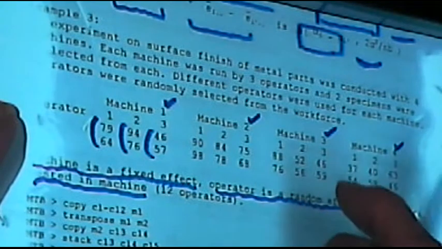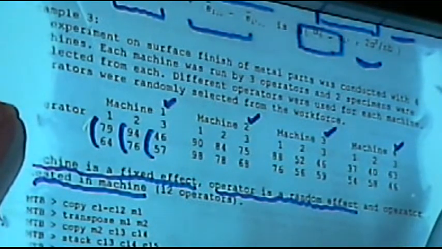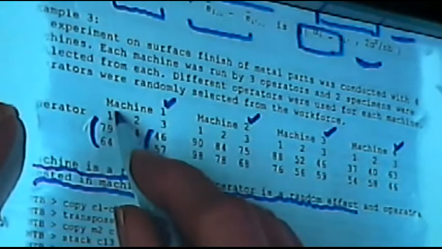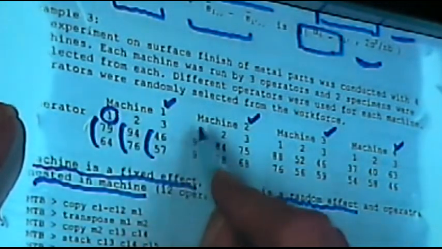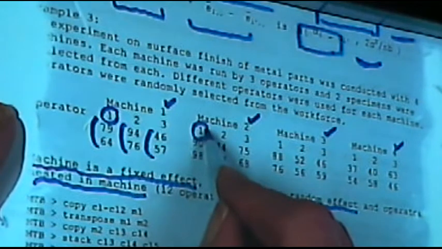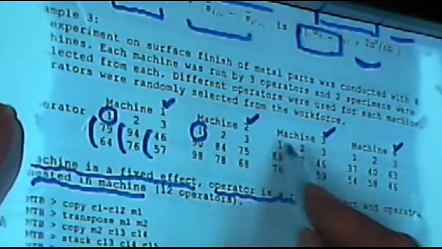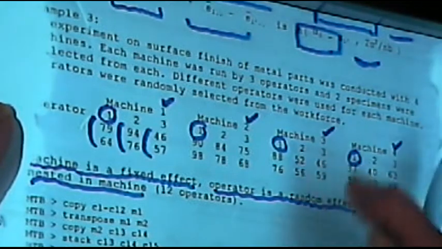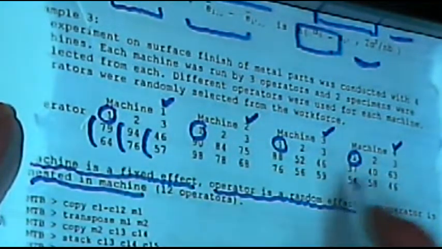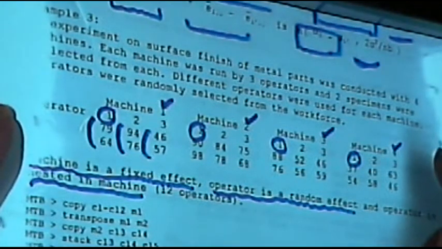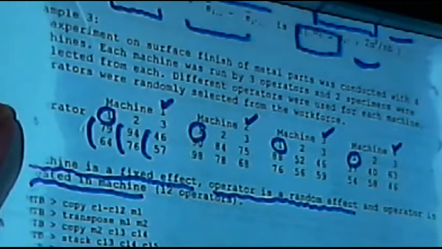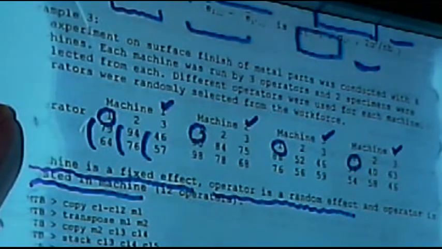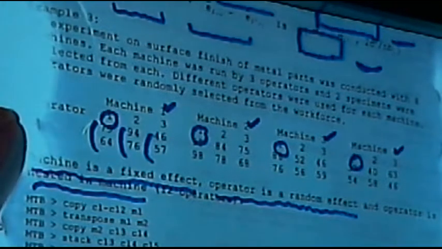I didn't make any mistake in doing that, but it's somewhat misleading because it seems to imply that operator 1 here is the same as operator 1 here. And that's the same as operator 1 here and operator 1 here, and that's not true. Those different operator 1s are 4 different operators. So we say the operators are nested in the machines in this experiment.